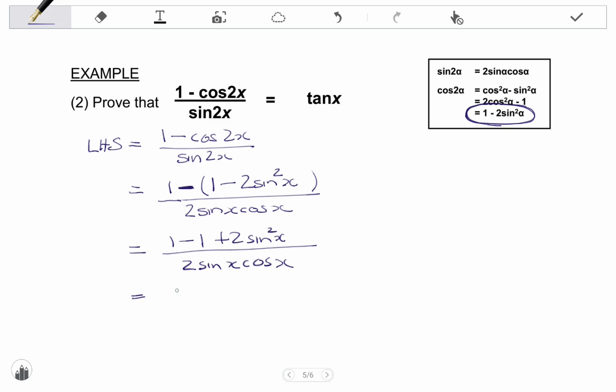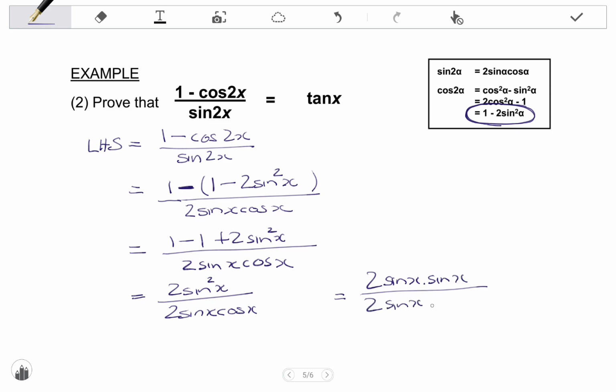That simplifies to (2 sine x) all squared over 2 sine x cos x. Now I have one term in the numerator and one term in the denominator, so I can cancel factors. Okay, now just for those that need this, I just want to show that (sine x) all squared is sine x times sine x.